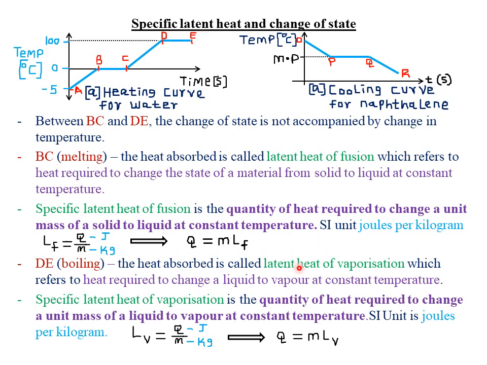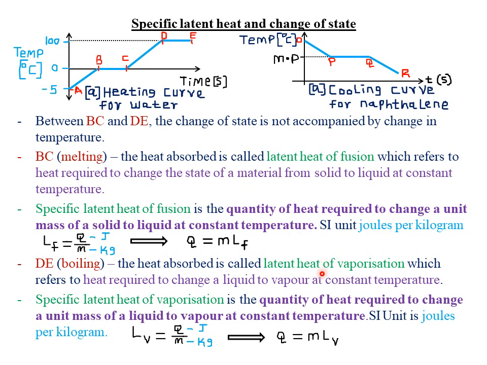So the heat absorbed at that point we call the latent heat of vaporization, which simply refers to the heat required to change a liquid to vapor at a constant temperature, or the heat required to change a liquid to a gaseous state at constant temperature. In this case, the constant temperature is 100 degrees Celsius. That is for the case of water.